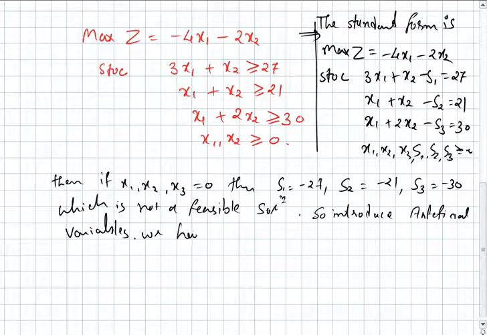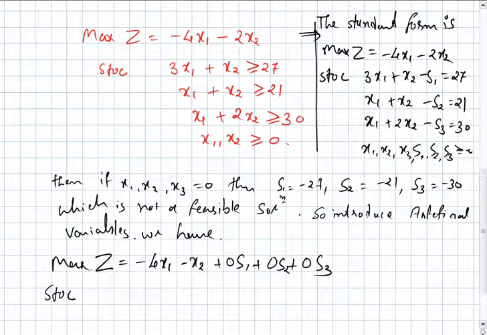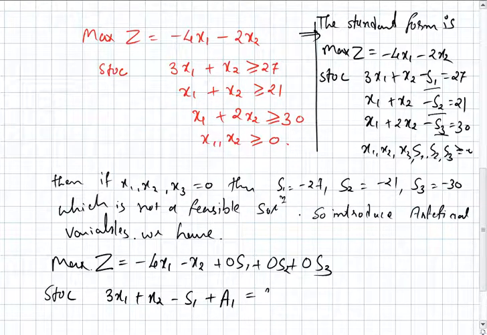We have maximize z equals minus 4x1 minus 2x2, plus 0s1 plus 0s2 plus 0s3, subject to constraints. In each constraint we are required to insert an artificial variable because everywhere we are getting negative values. So 3x1 plus x2 minus s1 plus a1 equals 27.